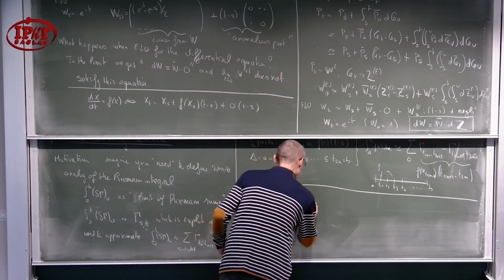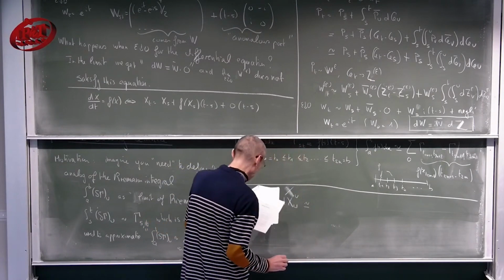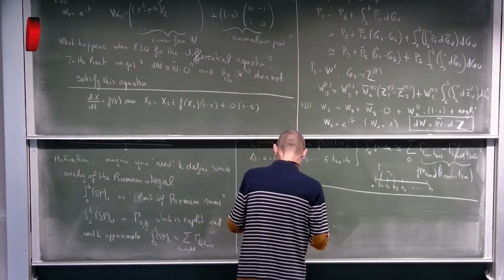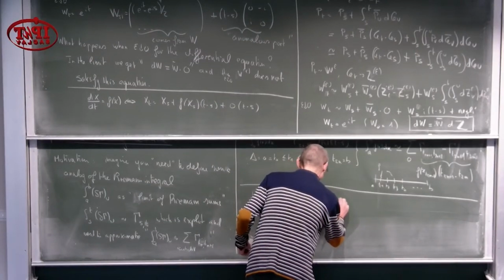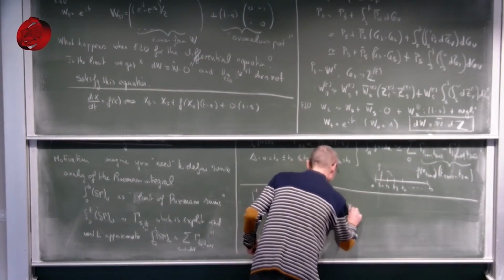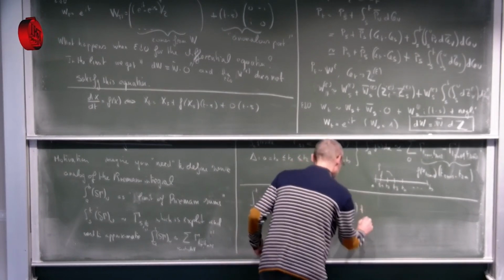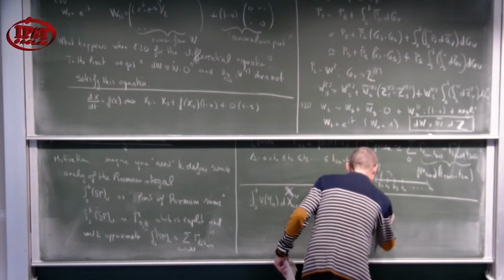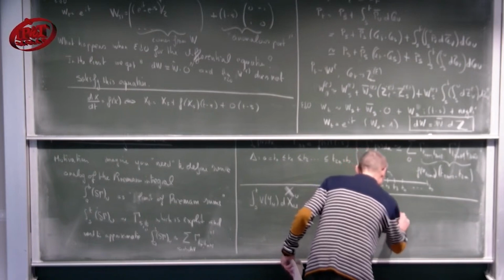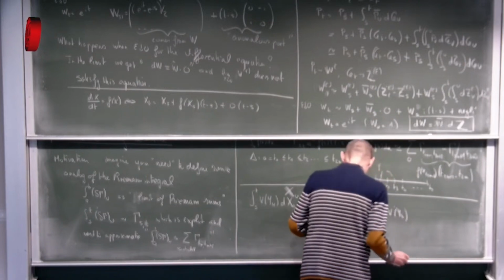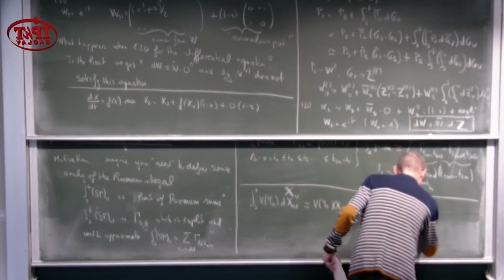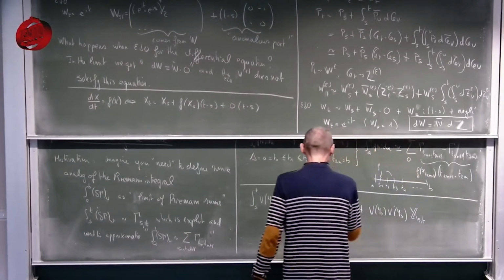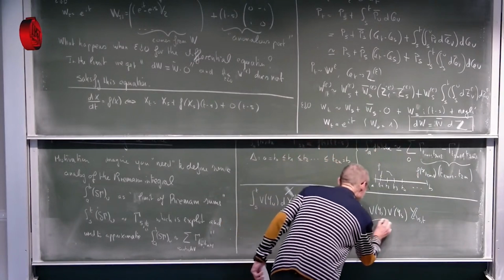We decided that it was a good idea to approximate this as v of y_s times (x_t minus x_s) plus v of y_s times v prime of y_s, and so on. So this is essentially our gamma st.